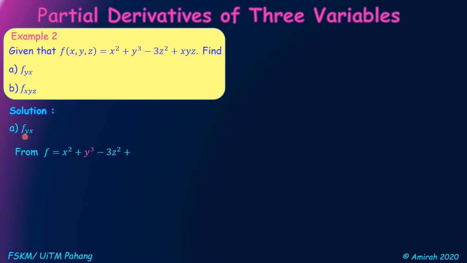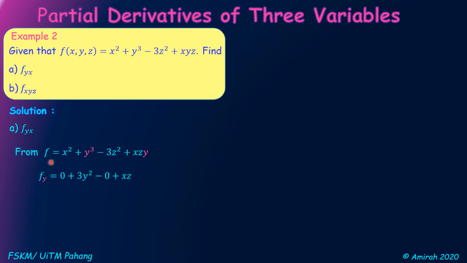Alright, to find fyx, first we need to find fy. And to find fy, we differentiate from f. From f equals x squared plus y cubed minus 3z squared plus xzy.